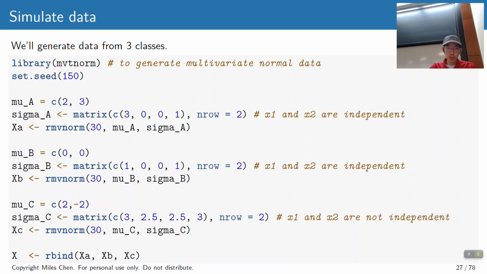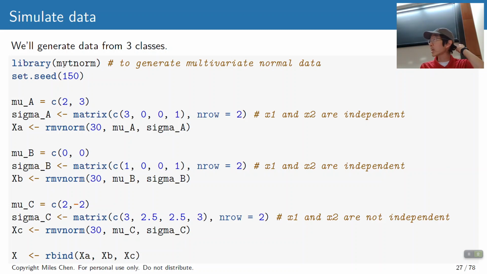Okay, so we're going to generate data from 3 classes, and these 3 classes will have equal amounts of data. Class A will generate 30 points, class B 30 points, and class C 30 points.